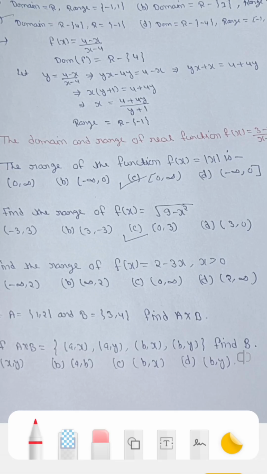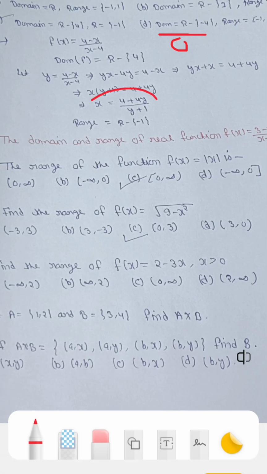When we put 4 in the denominator, we get 0. We know that 0 cannot be in the denominator because the function is undefined. So the domain is the real numbers except 4. Now let y equal to 4 minus x by x minus 4. First of all we solve and calculate x.